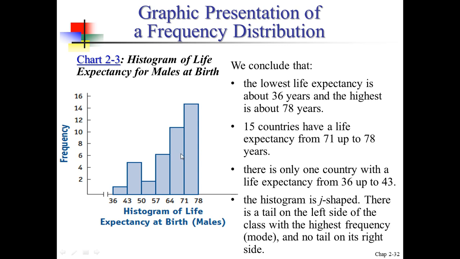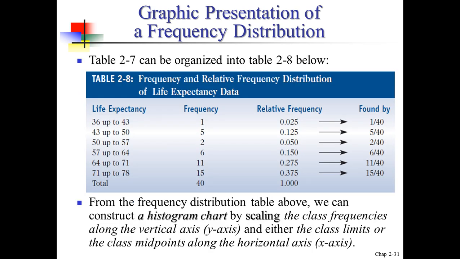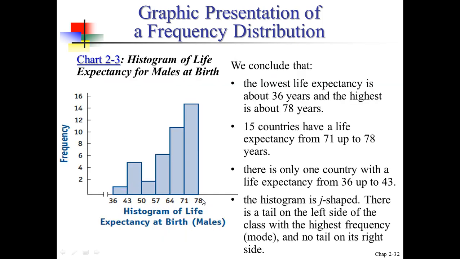How do we make the histogram using this table? First, you need to scale it. You need to scale the two sides, the two axes, horizontal using the groups that we studied.